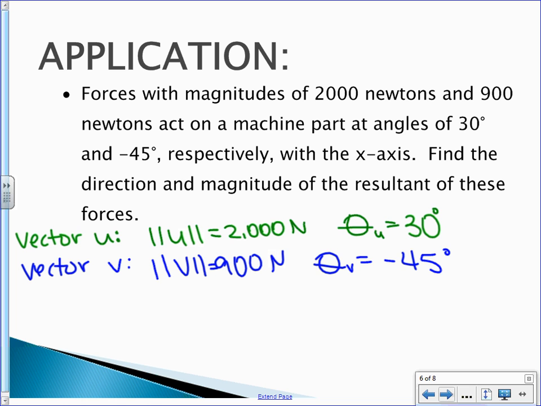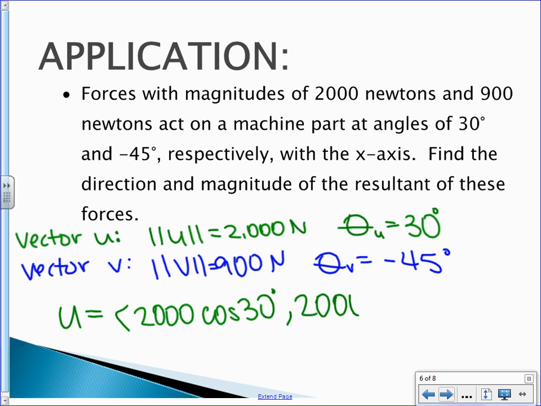First, we better find u and v, right? So here we go. Vector u, we find by taking magnitude times the cosine of 30, and then magnitude times the sine of 30.